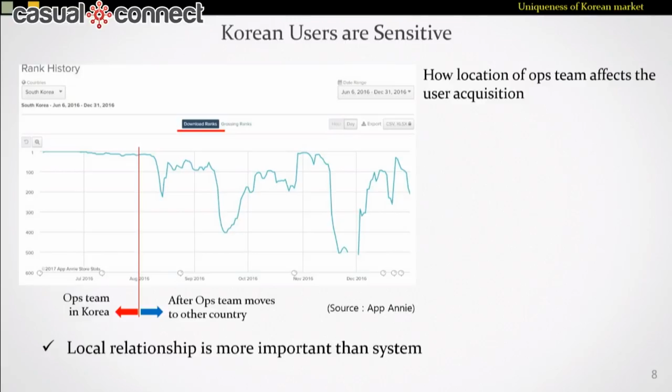Everything was the same except the location of the operation team. The downloads became unstable because the users felt something different. They are very sensitive, so they felt something different. Then they stopped bringing their friends, which means they stopped viral marketing.